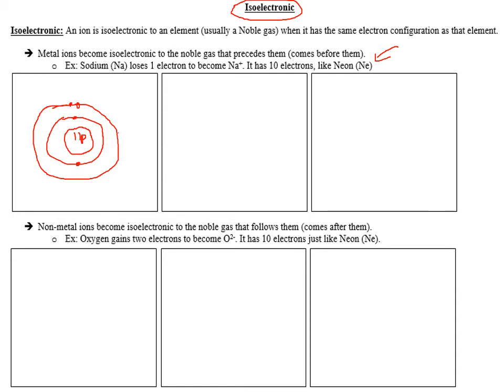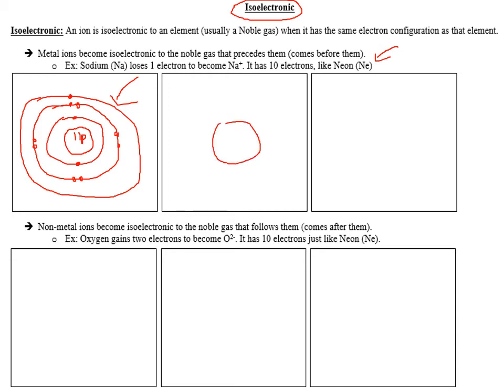Electrons. One on the outer shell here. When it becomes an ion, it's going to lose that one electron here, and it's going to look something like this.